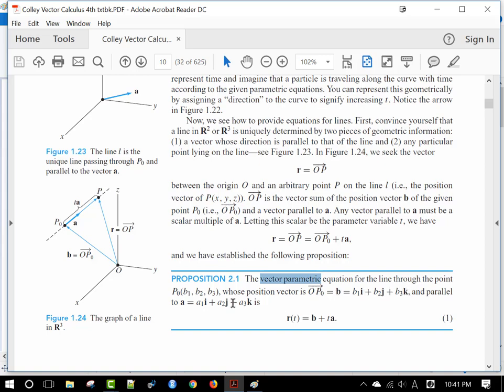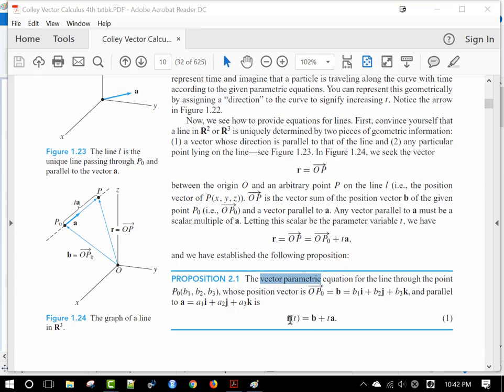And this says that if we want to get to another point P, not P0, another point P here, we take R of T is equal to this plus T times A, which will bring us to some other point here.